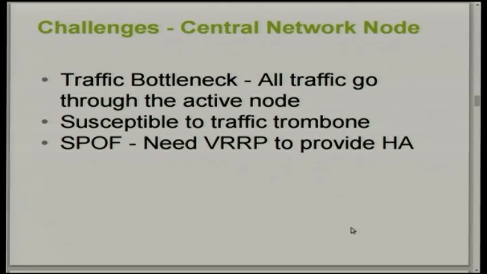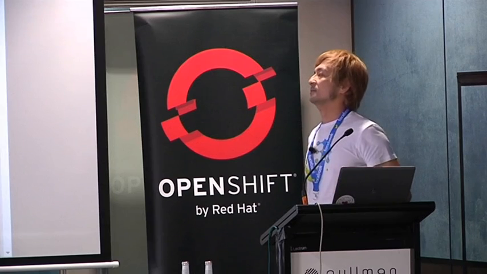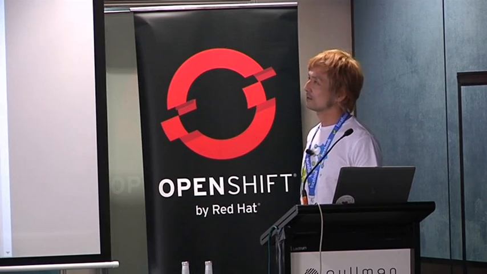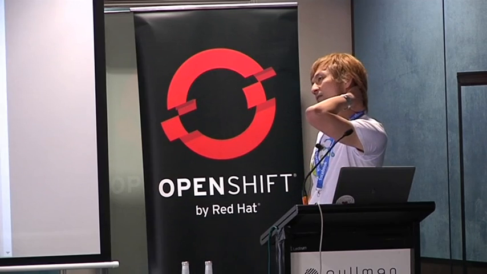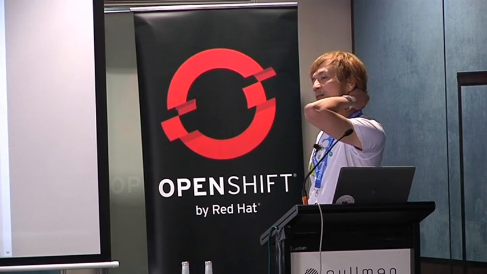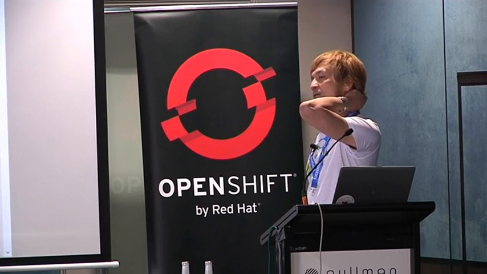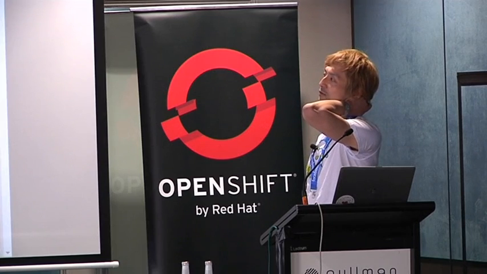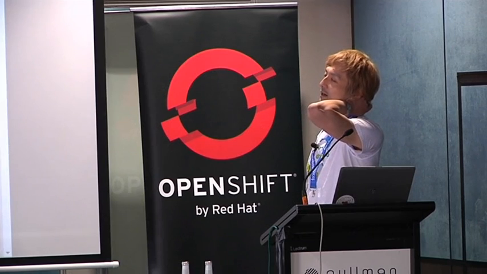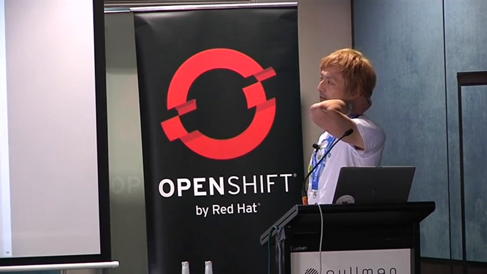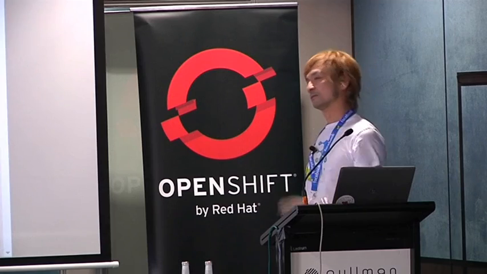So it uses a centralized control model, and all the L3 routing is done at the network node. That central network node naturally becomes a traffic bottleneck. As a result, it's susceptible to traffic trombone.